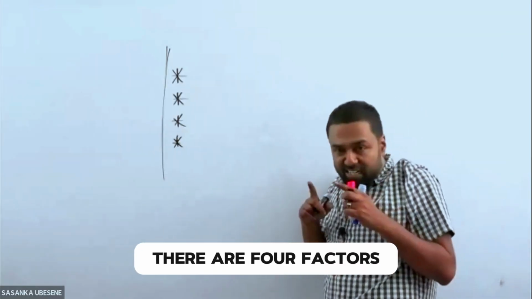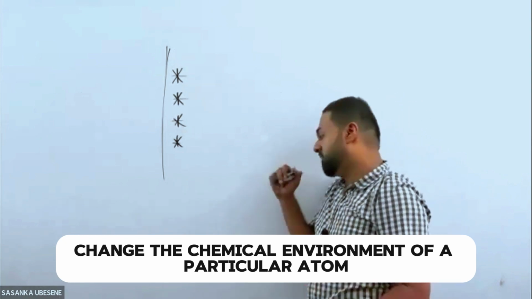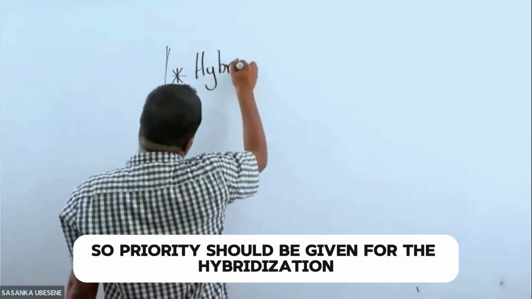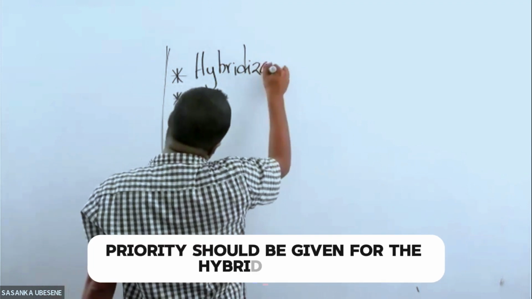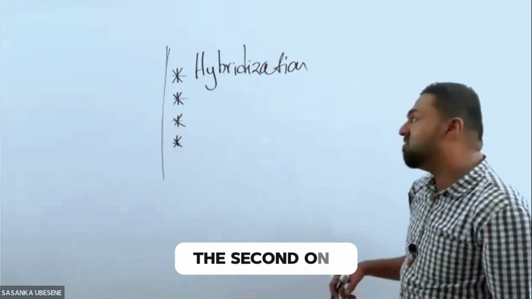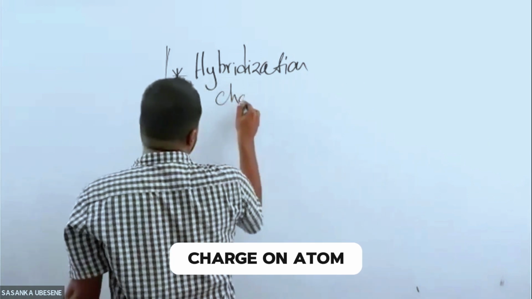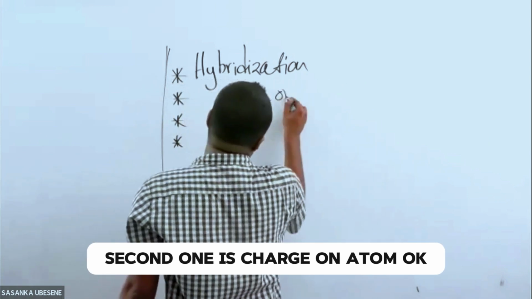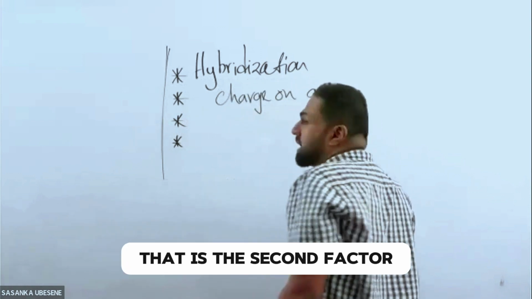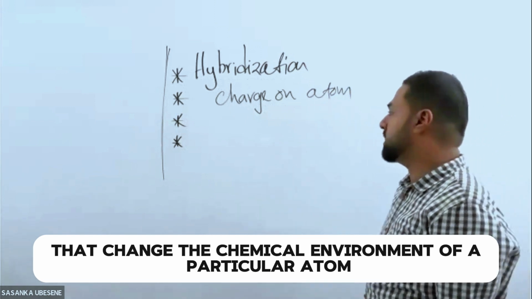There are 4 factors that change the chemical environment of a particular atom. First one is hybridization. Priority should be given to the hybridization. The second one is charge on atom. That is the second factor that changes the chemical environment of a particular atom.